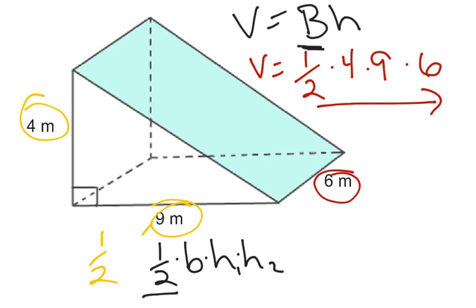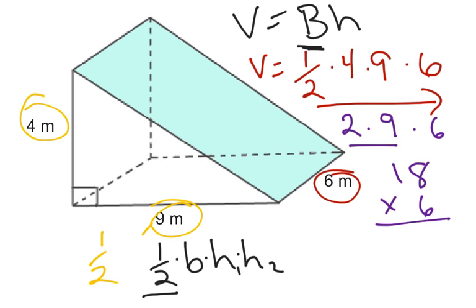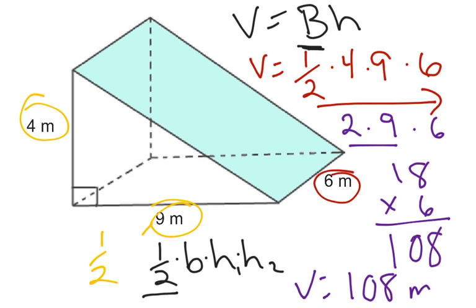So we have half of 4, which is 2, times 9 times 6. 2 times 9 is 18. And then we can multiply 18 times 6, which will give us 108. So the volume of this triangular prism is 108 meters cubed.